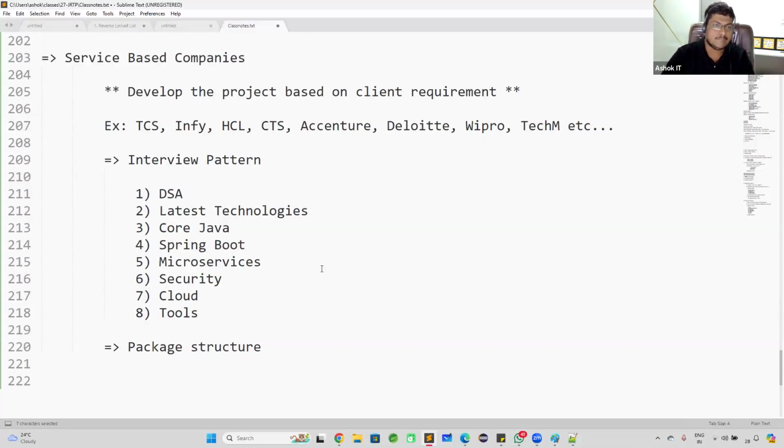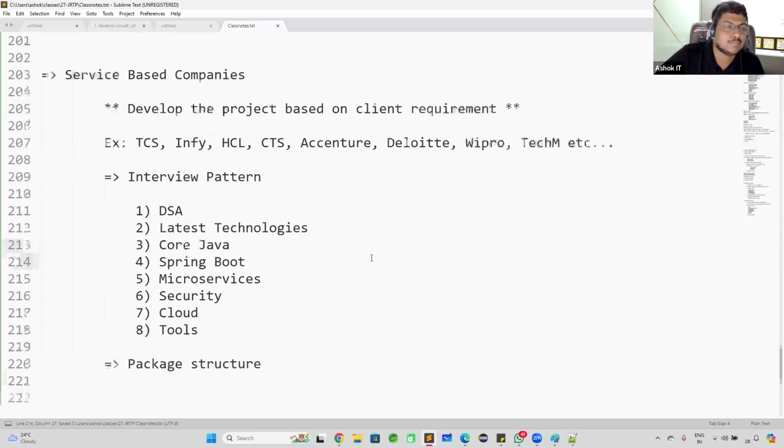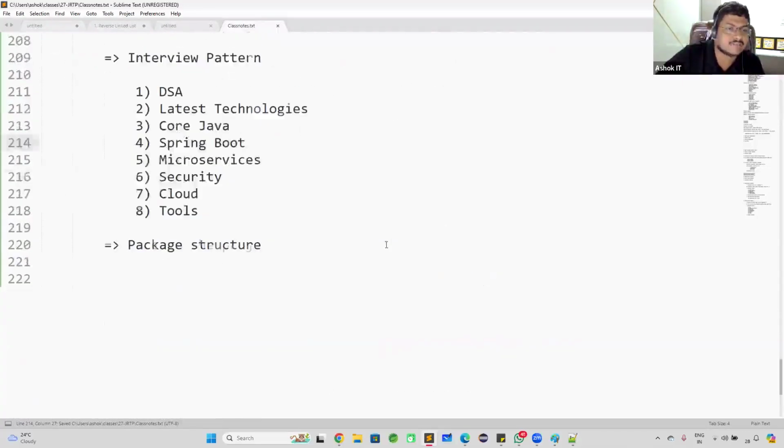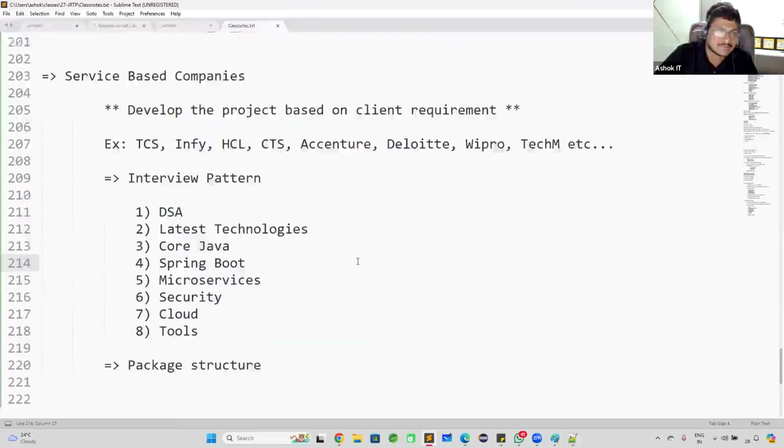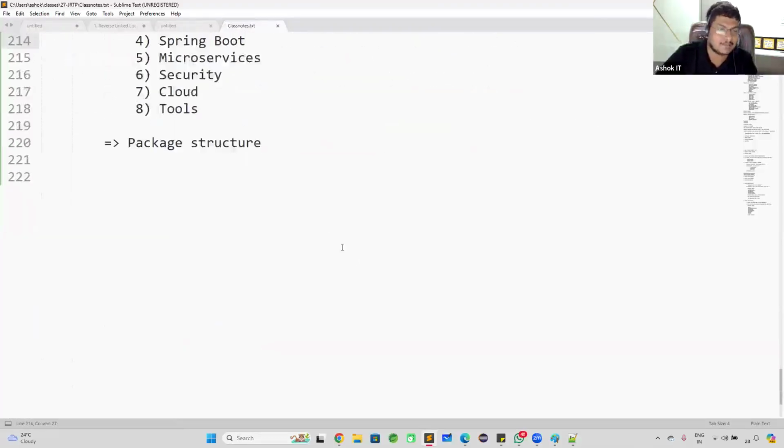When you compare the package in the product-based company and the service-based company, the package will be less in the service-based company. Here, years of experience multiplied by 4 to 6 lakhs, or 4 to 5 lakhs sometimes.